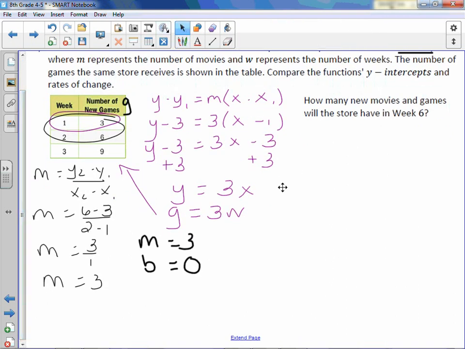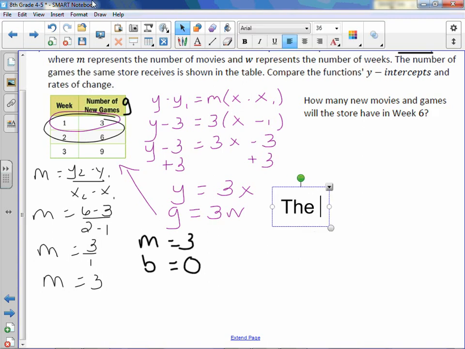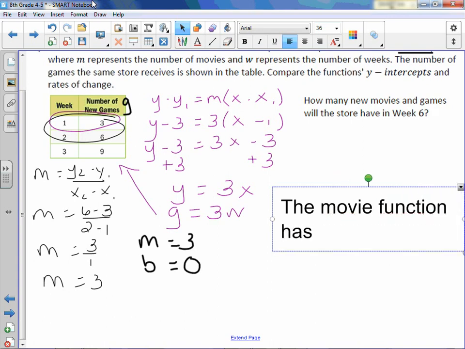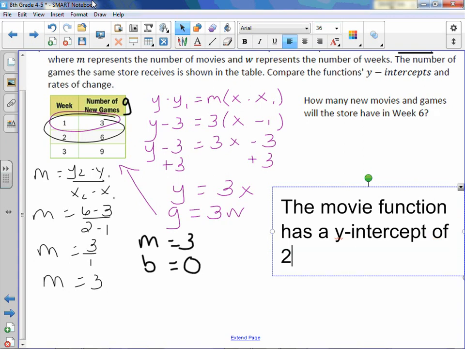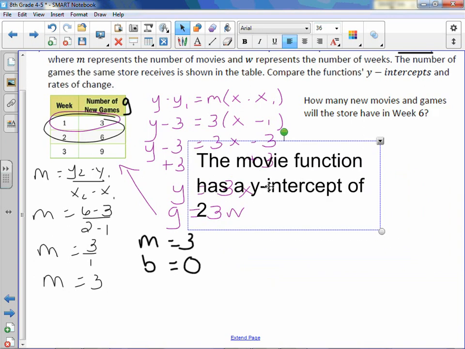I'll write it over here and then we'll move it out of the way. So we can say that the movie function has a y-intercept of 2. Let's make this a little smaller.